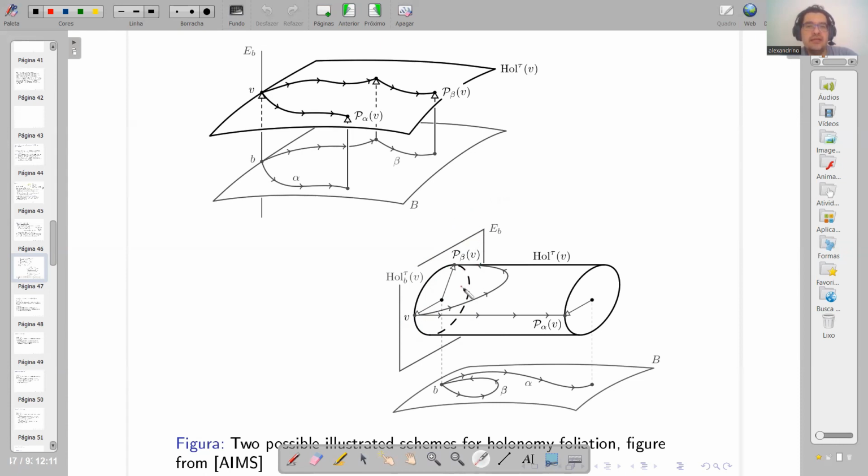And since the fiber is totally geodesic, an orthogonal geodesic here stays inside of it. So accepting the fact that with Sasaki metrics the fibers are totally geodesic, it's not difficult to check that this holonomy foliation is in fact a singular Riemannian foliation.